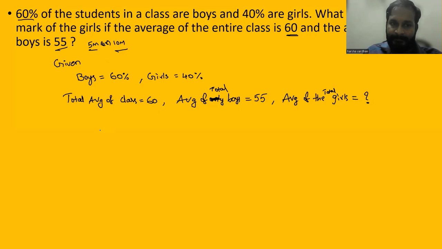Now, from this data, what we can write is boys is to girls is equal to 60% is to 40%.